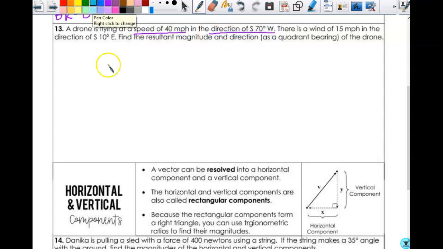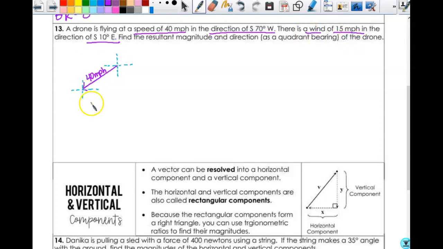Okay, so I need to think about, here's just my north, south, east, west, so I can get my bearing down correctly. If I'm going to go south 70 degrees west, it would be like this, and this is 40 miles per hour. Then I have to add to that the wind of 15 miles per hour going south 10 degrees east.